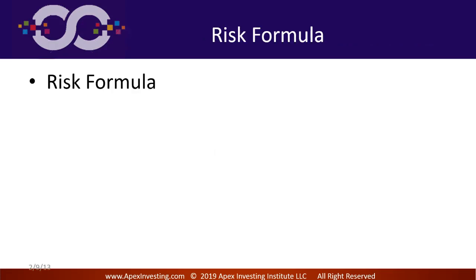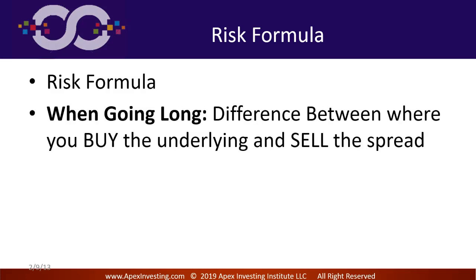So first, let's talk about the risk formula. Okay? The risk formula is really simple. When you're going long, it's the difference between where you buy the underlying and sell the spread. Okay? So if I buy at, whatever it is, 1,010.